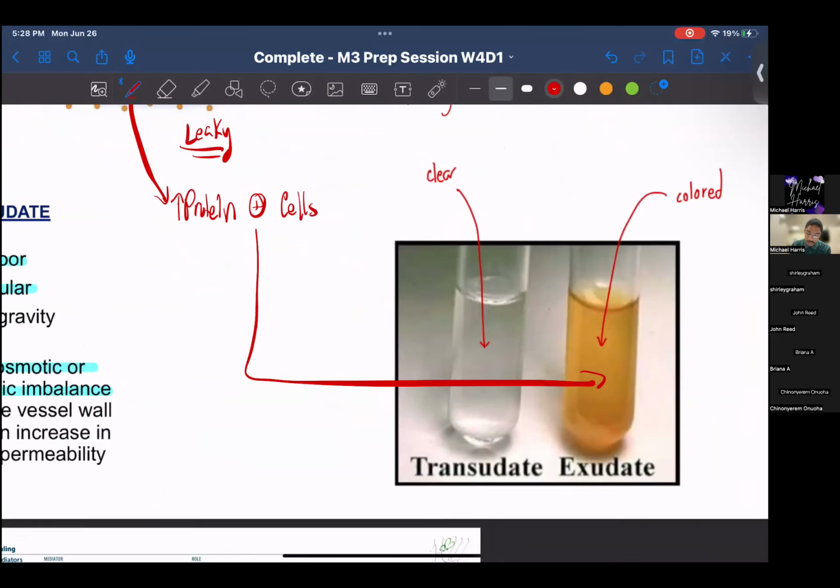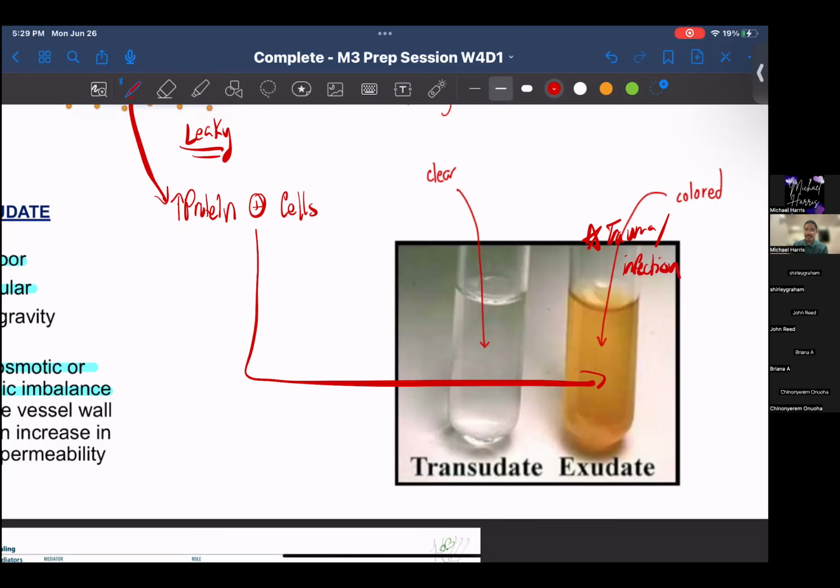One is clear because there's no proteins, there's no cells present. It's just fluid. Versus exudate has cells present and proteins present. This is always due to trauma or due to infection.